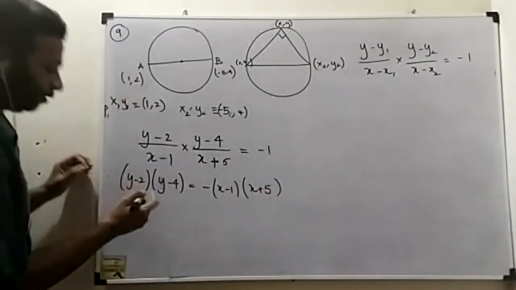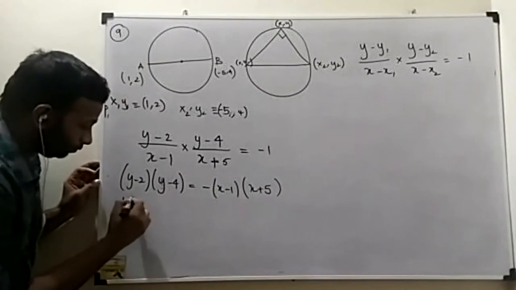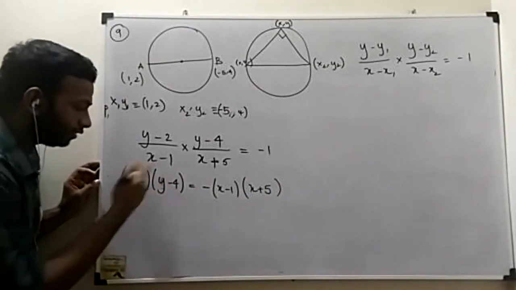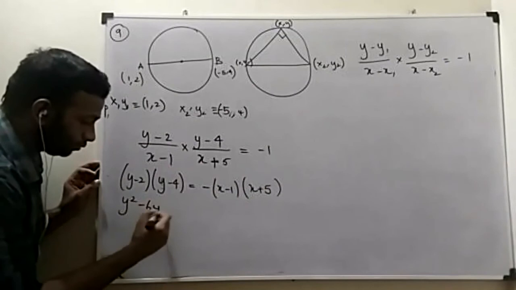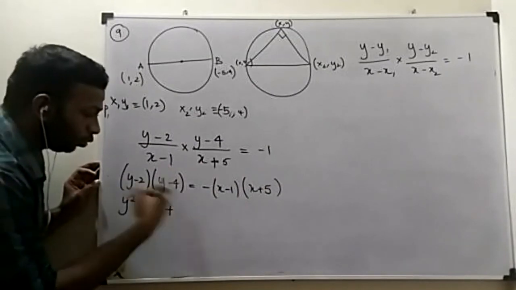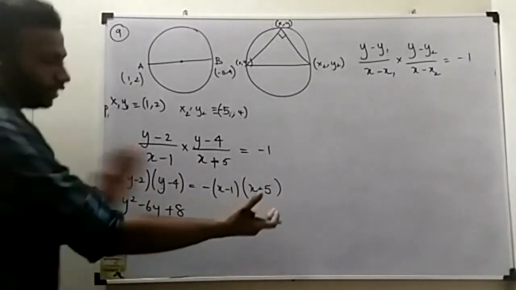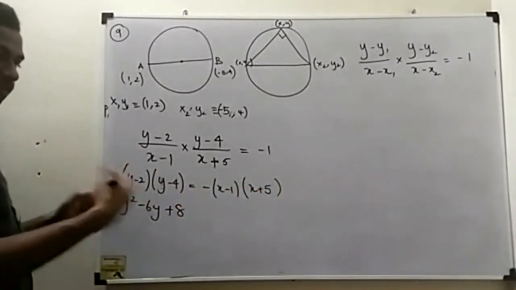So let's simplify this. y times y is y squared, minus 2y minus 4y is minus 6y, minus into minus becomes plus, 2 times 4 is 8. So we can take this whole thing to the other side, which makes it positive.